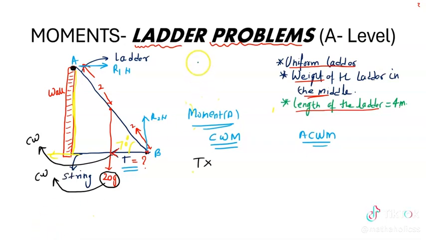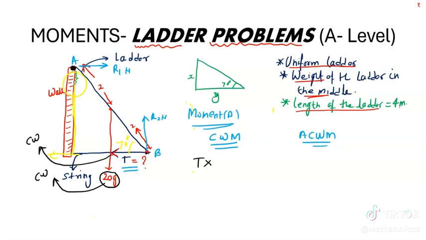So this is a triangle, right? And this is 70 degrees. We need to find the perpendicular distance here. Suppose this distance is X and this distance is Y. We need to find this green distance, the perpendicular distance.